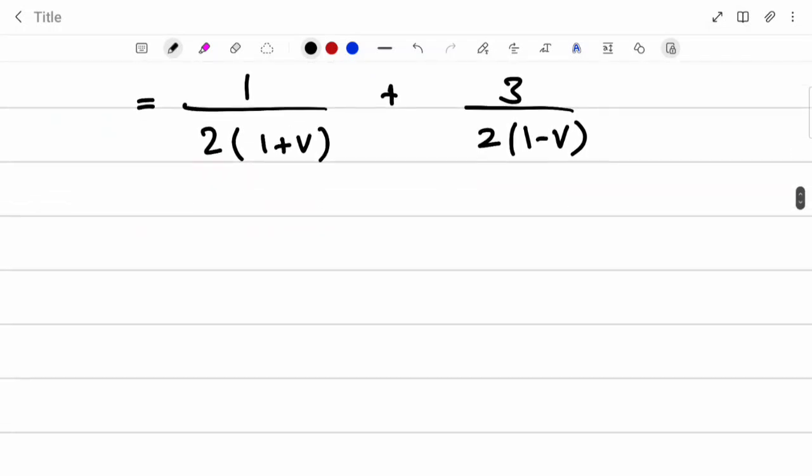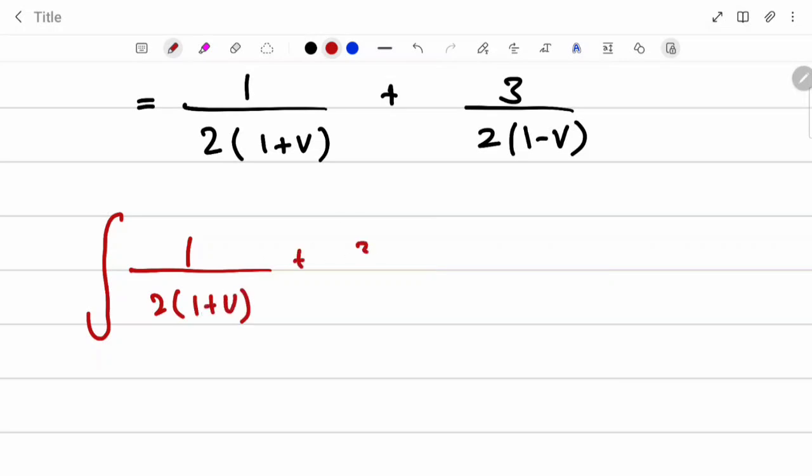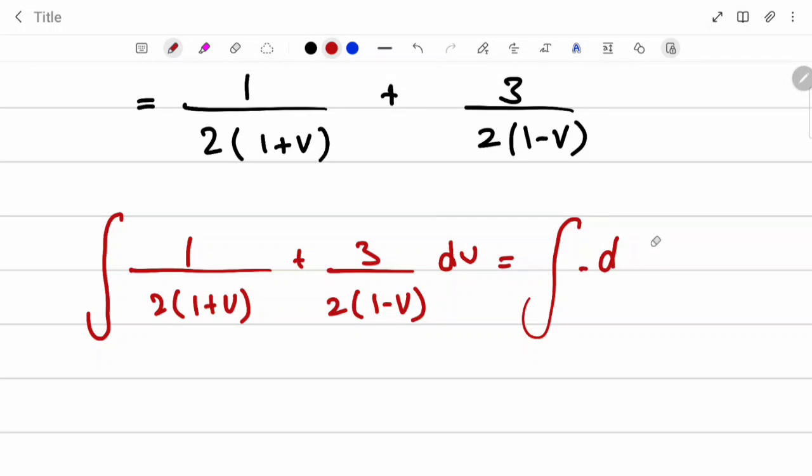So next is the integration process, where we need to write 1 upon 2(1 plus v) plus 3 by 2 upon (1 minus v) dv equals integration of dx, sorry, should be capital.